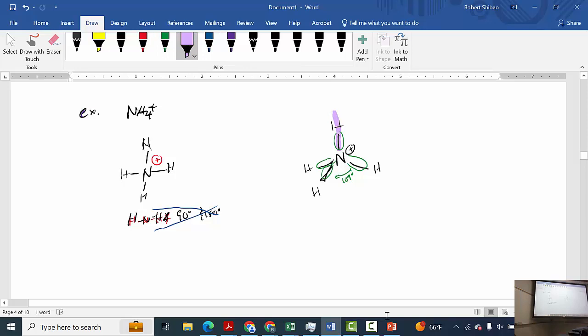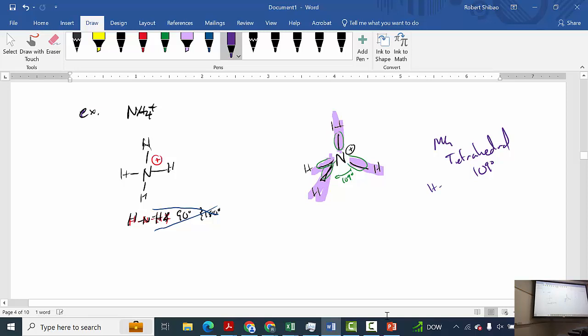And so the group geometry is tetrahedral, with 109 degrees. But what about the atom geometry? Atom geometry is also going to be tetrahedral. Do you expect any distortions here?